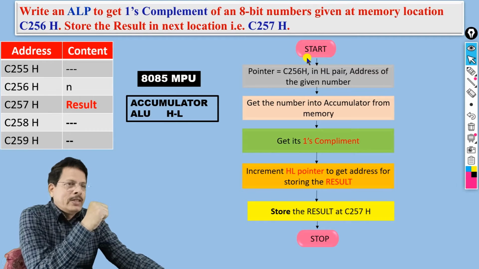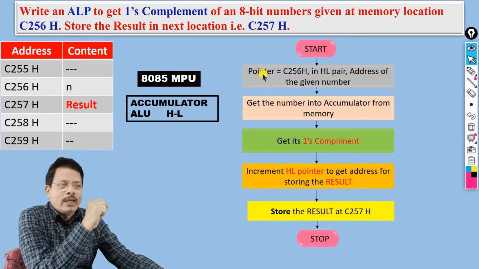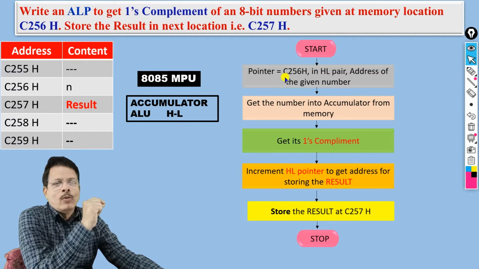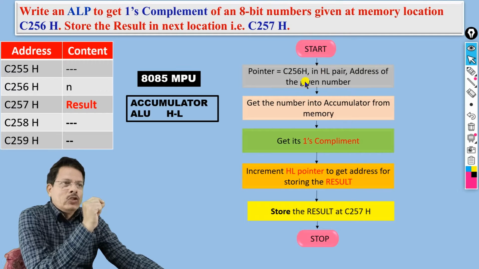So let us start here, and the first step is that as we want to access memory, the pointer, which is the HL pair, has to be initialized at C256H. So somehow get the address of that number into the memory pointer, which we usually use as the HL pair.